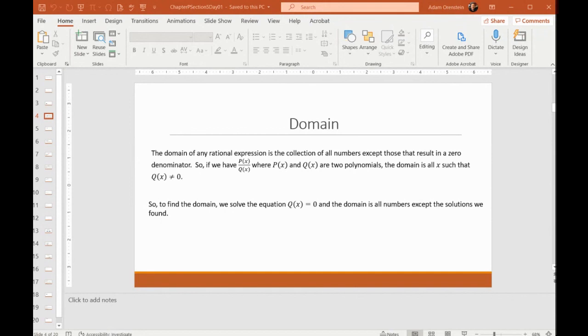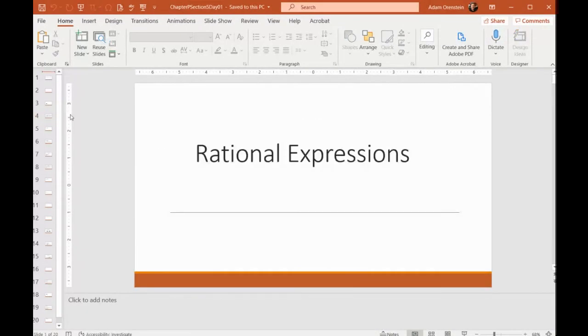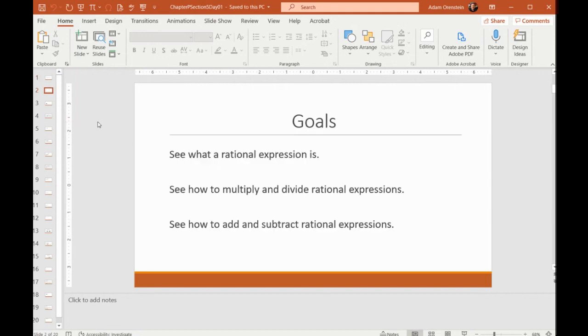All right. So here in section P5, we're actually going to look at rational expressions. Basically, those are kind of like the integers in that the way you get rational numbers is you take integers and divide them. It's the same thing with rational expressions.